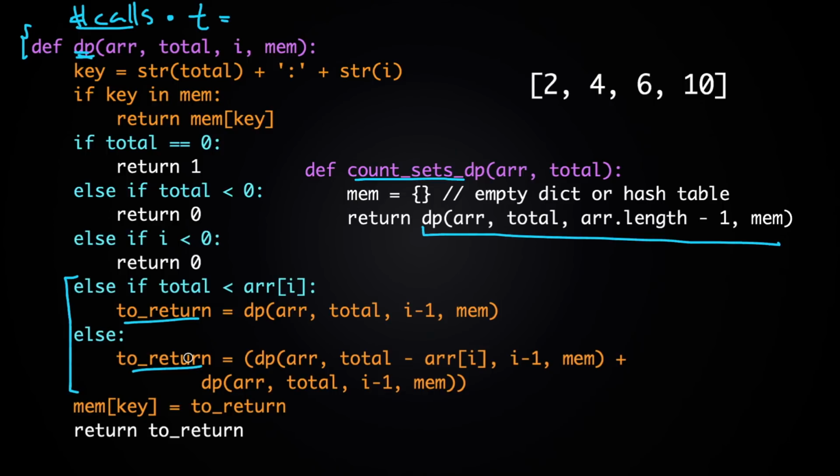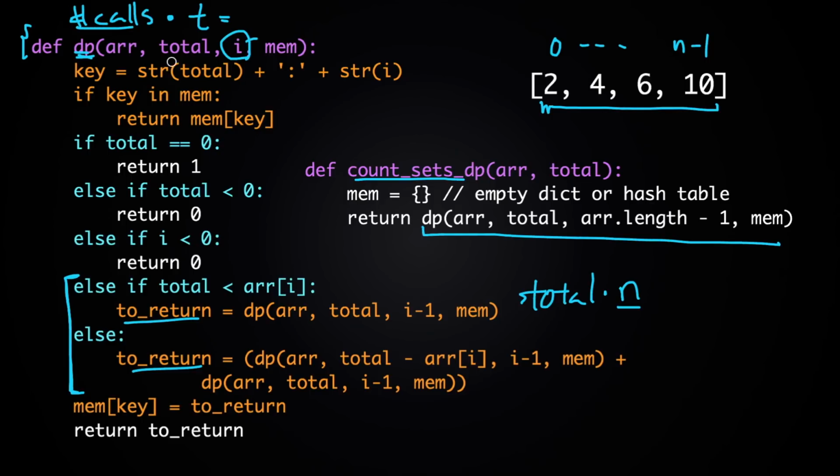And now the important thing to notice here is that the number of times we call this block is at most total times n times, where n is the number of items in the given array. And you can think about it this way. There are n potential values for i ranging from 0 through n minus 1.